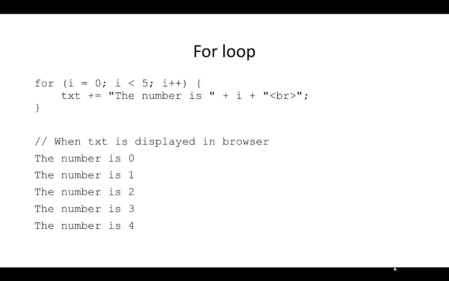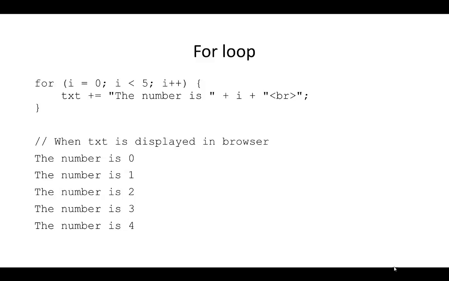So for i equals 0, so we start at 0, semicolon, until i is less than 5. On each iteration, we're going to increment i by 1. So this is the starting value, this is the value that you're testing for on each loop, and this is the increment. And then I've got some code in here that takes the text variable.